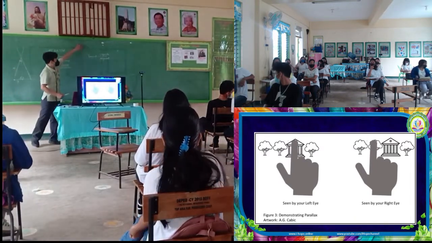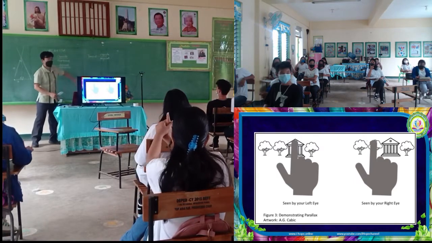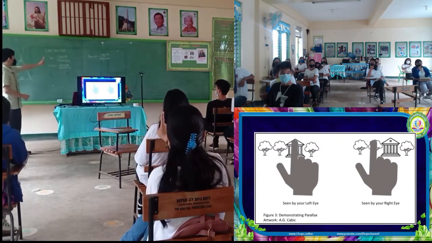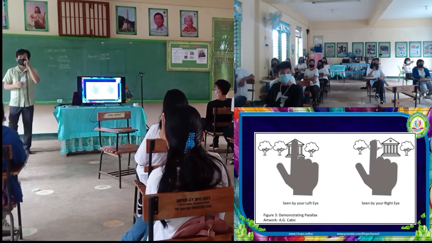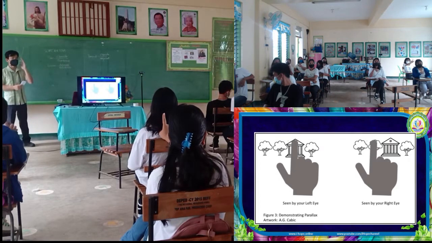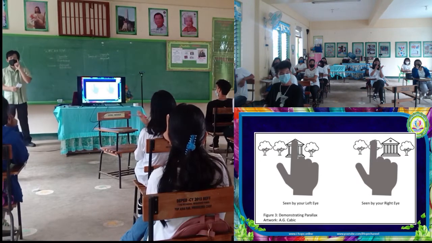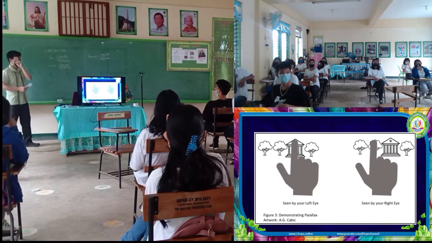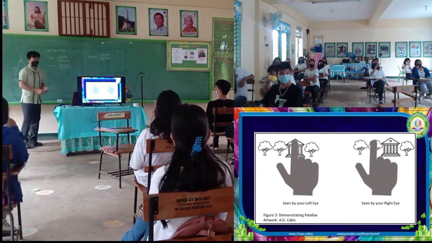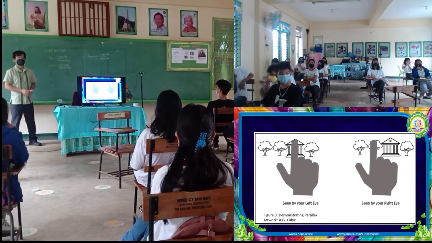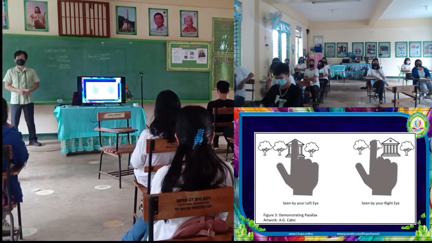You look first with your right eye, with the left eye closed, then alternately with your left eye, with the right eye closed. So what happens to the image? What happens to the apparent position of your finger?